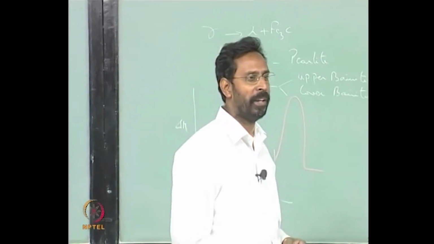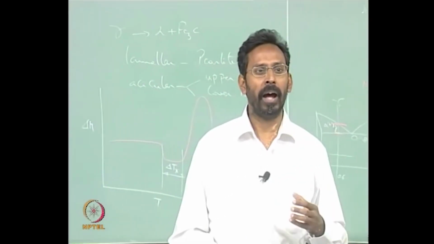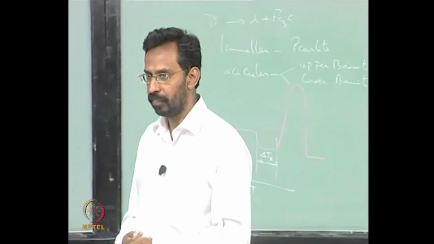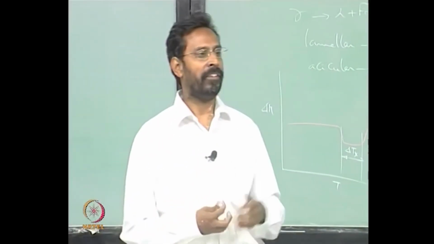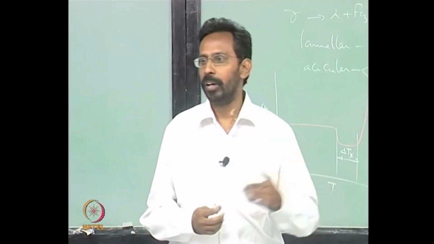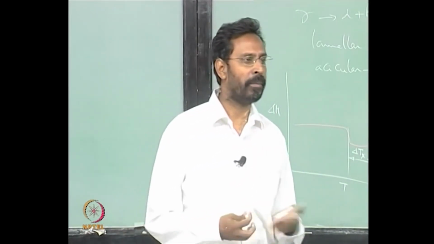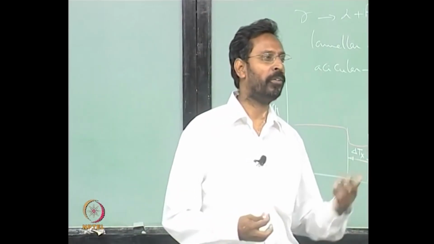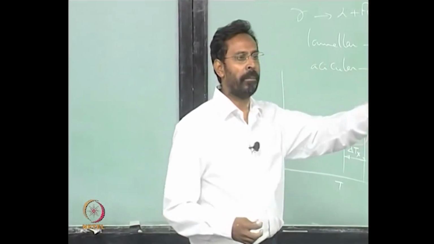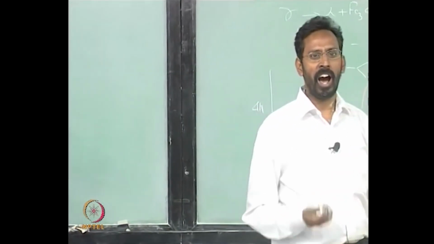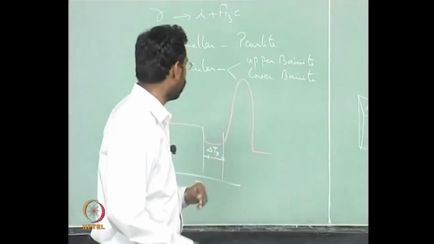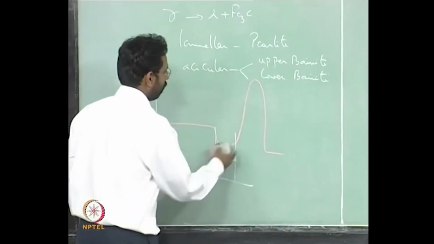Shot peening, there are many things where people try to induce compressive stresses on the surface. Hardening is one way, even inducing compressive stresses on the surface, so that fatigue life, for example, increases. Everybody knows fatigue life increases when you do shot peening. So you either make the crack initiation more difficult or crack propagation more difficult, one of the two. If you can do that, you can make a material tougher anyway.